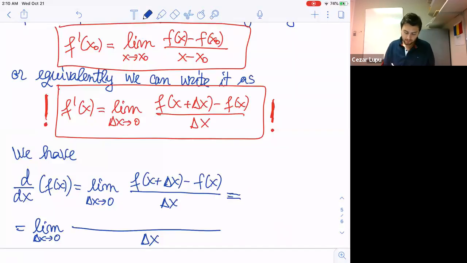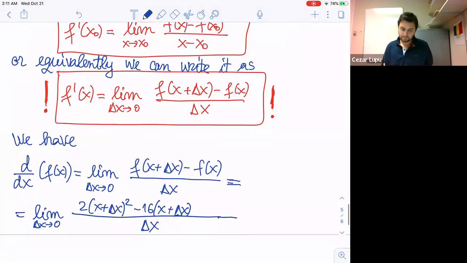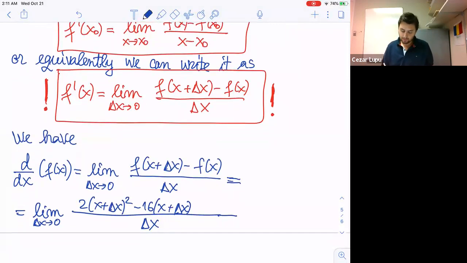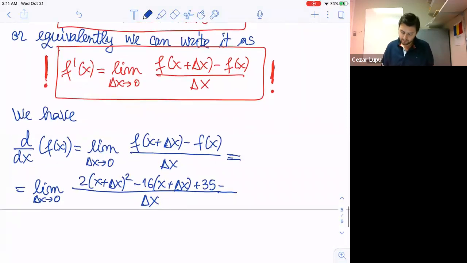So this would be 2 times x plus delta x, everything squared, minus 16 times x plus delta x, plus 35, minus f of x. So minus 2x squared plus 16x minus 35. Okay, right?